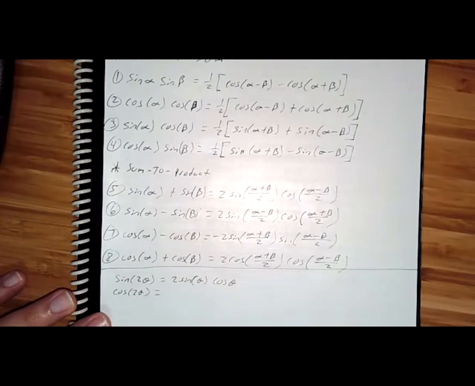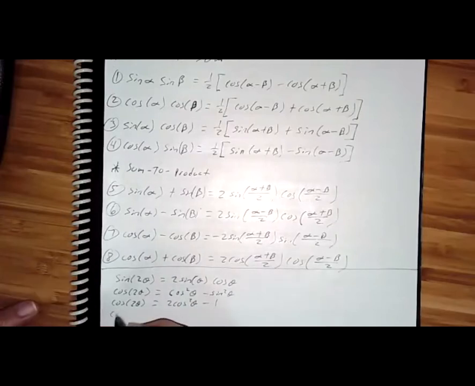It's going to be cosine squared minus sine squared, or it will be equal to 2 cosine squared minus 1, or it will be equal to 1 minus 2 sine squared theta.